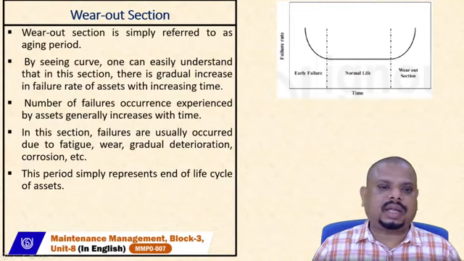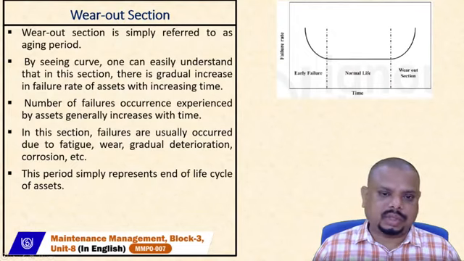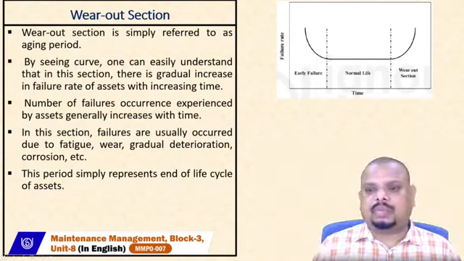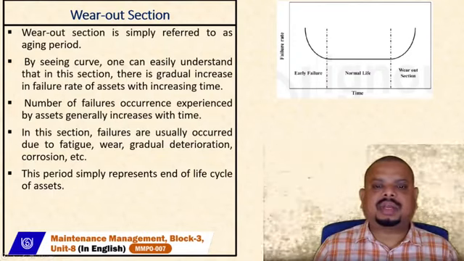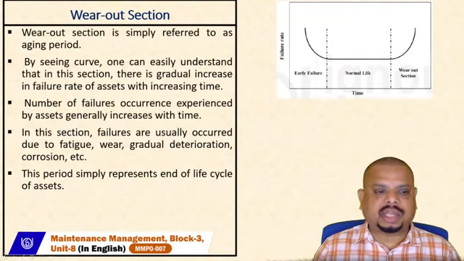By seeing the curve, one can easily understand that in this section there is a gradual increase in failure rate of assets with increasing time. The more you use an asset, the more it leads to the aging of the particular equipment and tools. So the number of failures experienced by the asset generally increases with time.